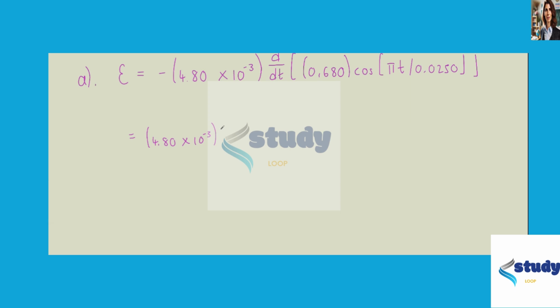And if we do the time derivative, we get 0.68 multiplied by pi over 0.025 seconds, times sine of pi times t divided by 0.025 seconds. And hence we have an expression for EMF epsilon.